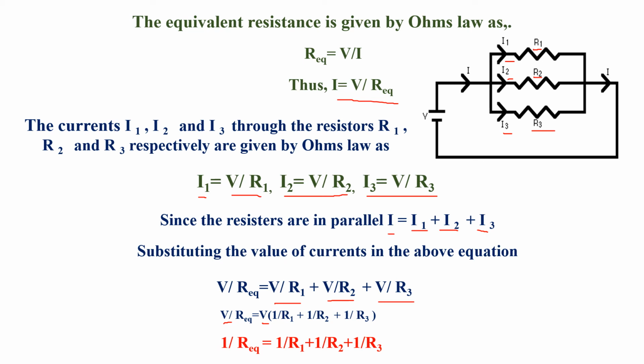So here what we have told you is how to find the equivalent resistance in fraction form. But when doing sums, you may have to find it not in fraction form but in a normal form. So for that, I'll explain a little. 1 by R is equal to 1 by R1 plus 1 by R2 plus 1 by R3.